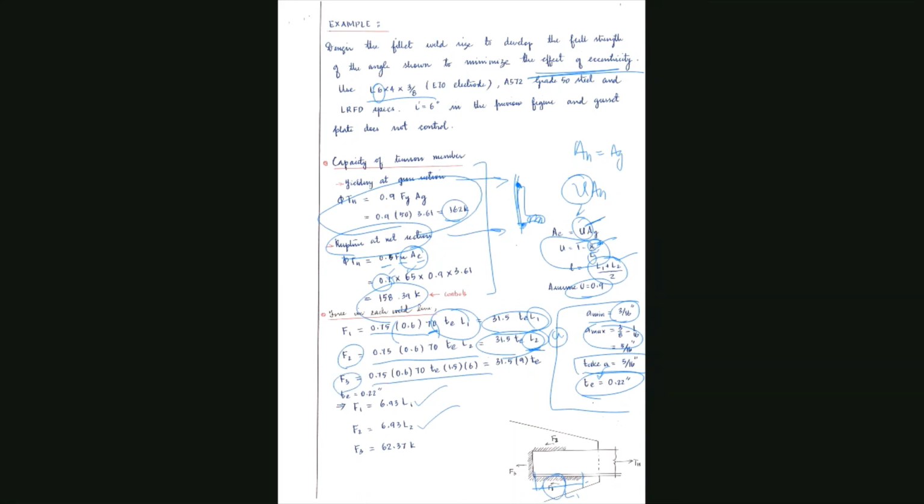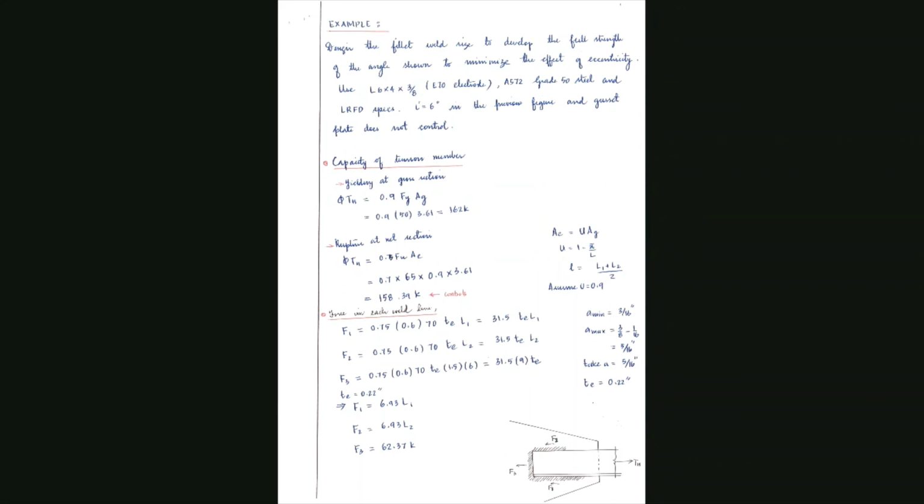You know the length here. Length is not an unknown here. You know the length. So your F3 value is 62.37. Next step is to check the base metal shear yielding and base metal shear rupture. Consider one of them. It doesn't matter.